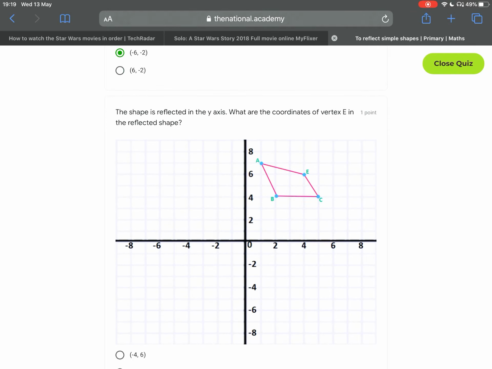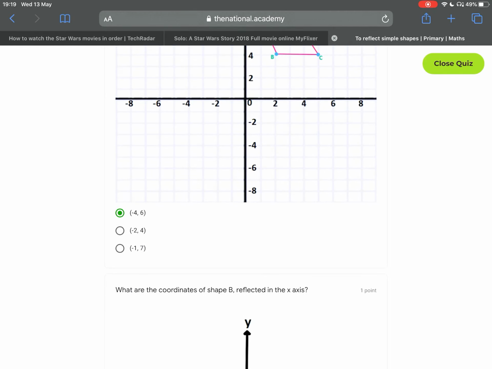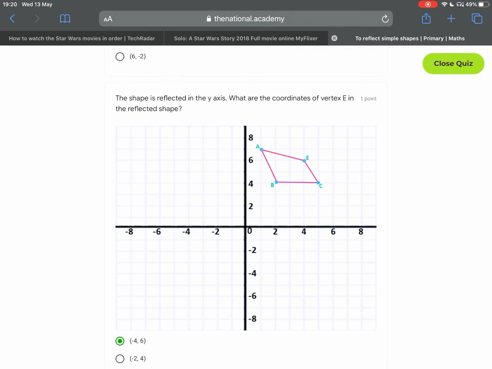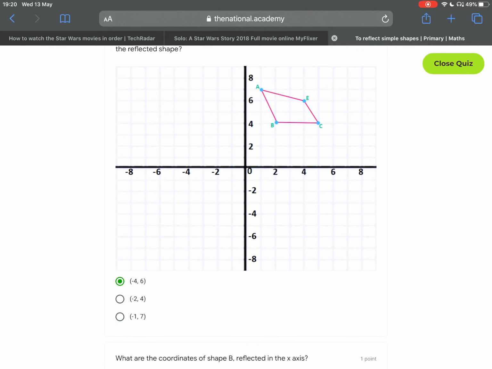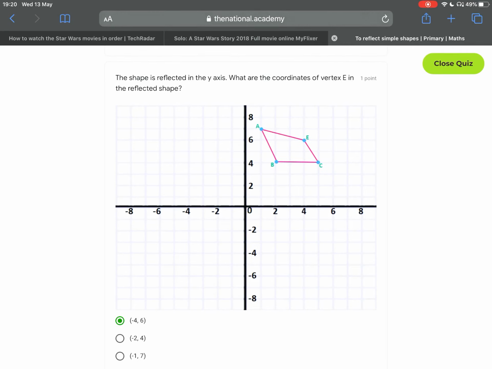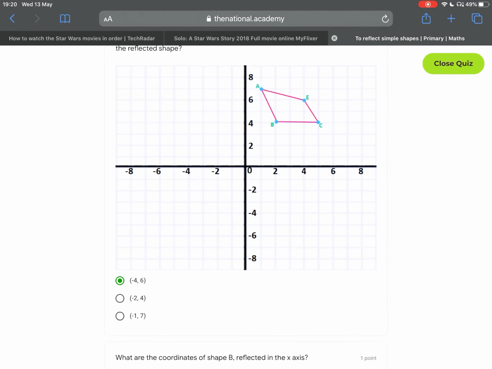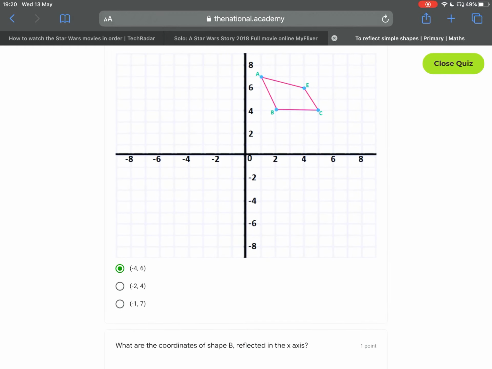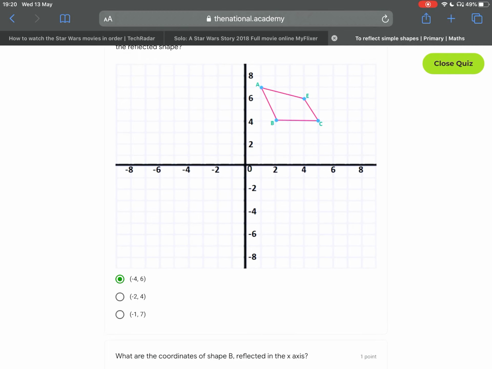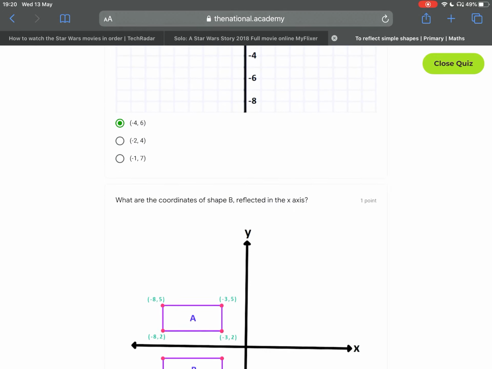So that would be 4, -6. It should be 4, -6. But in case they mean x-axis, I'm going to say -4, 6.